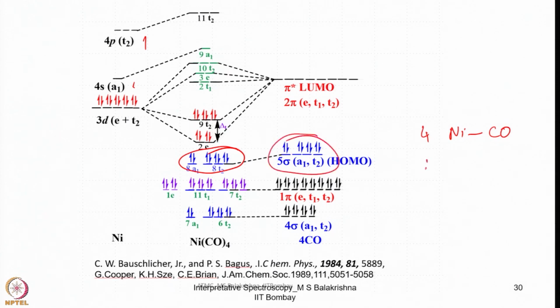These are nothing but electrons on carbon monoxide, so they remain almost like non-bonding. So the carbon monoxide ligands are held because of back bonding here, E and T2. It splits here into E and T2, and then these 10 electrons from the d10 system are occupying here.